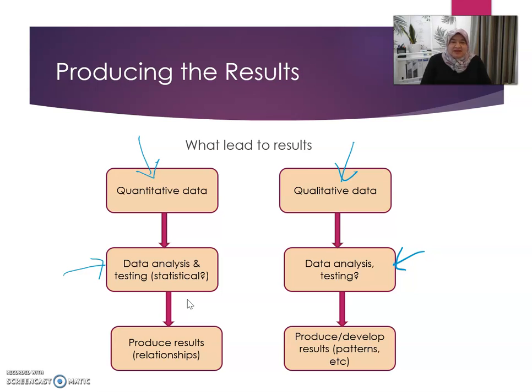You're looking at the R square value, the regression value, and so on. If you are using qualitative data, of course you need a different approach in analyzing the data, such as using thematic analysis to develop a result and pattern.